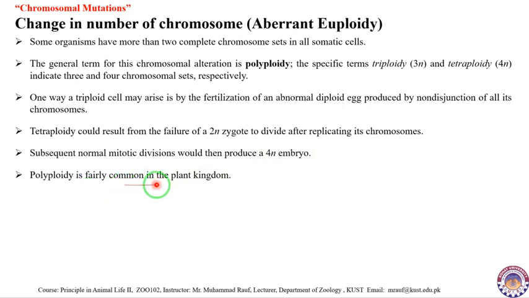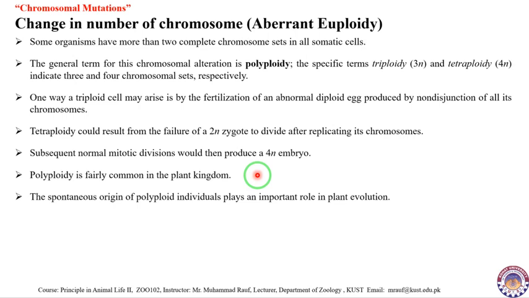Polyploidy is fairly common in the plant kingdom. Plants are more tolerant to that situation, whereas in animals, if such a situation occurs in an embryo, it is usually discarded through miscarriage or spontaneous abortion. The spontaneous origin of polyploid individuals plays an important role in plant evolution. Polyploidy evolution is a very slow process.